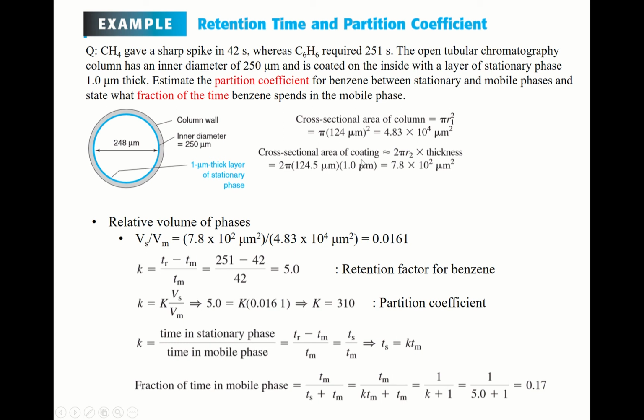And the cross-sectional area of the coating is 2 pi r2 times the thickness.